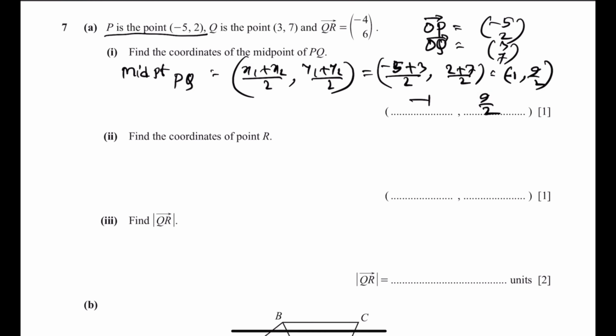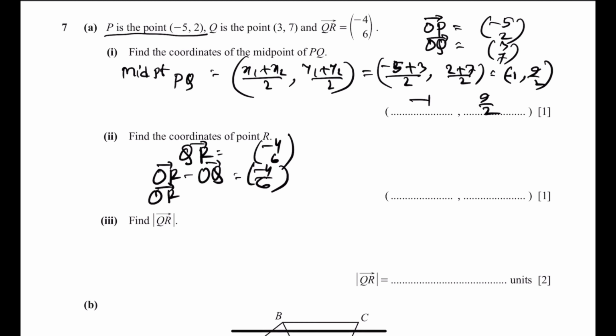The coordinates of the point R. Okay, so QR is minus 4, 6. We can write that is OR minus OQ. So minus 4, 6. We can place here OR. OQ I have got 3, 7. That is 3, 7 here. So minus 4, 6 plus 3, 7.